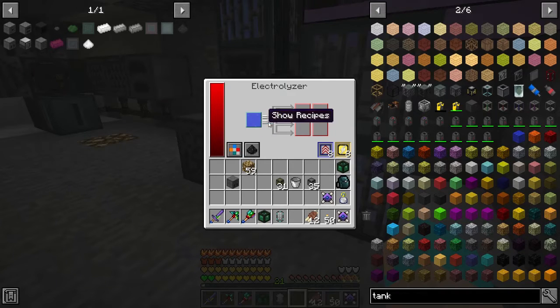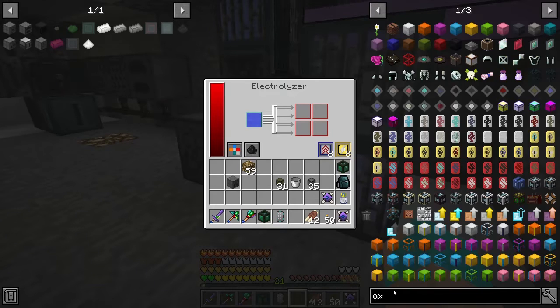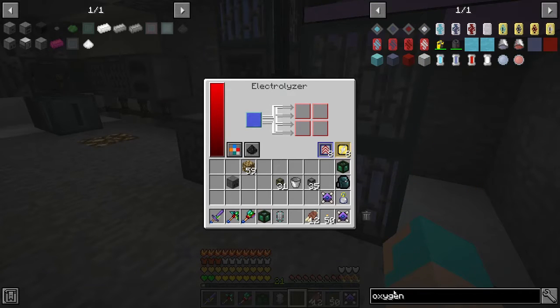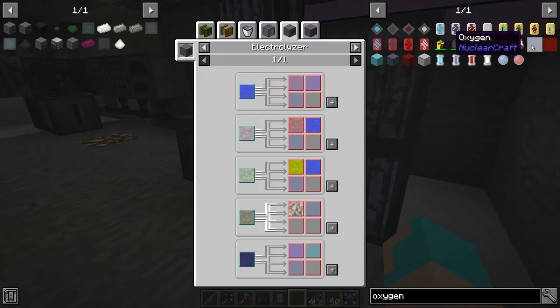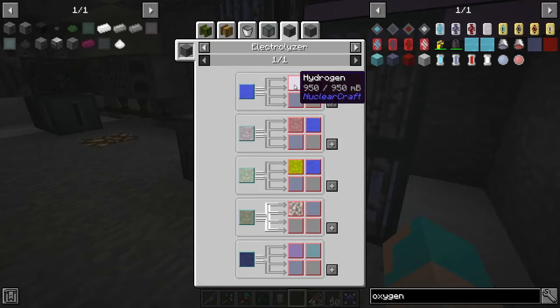I want to see, let's go back to oxygen, right? And see oxygen from mechanism, oxygen from nuclear craft comes out of water, but see we get 950 of that, 50 of that, and 500 of that. So we get the majority of this.